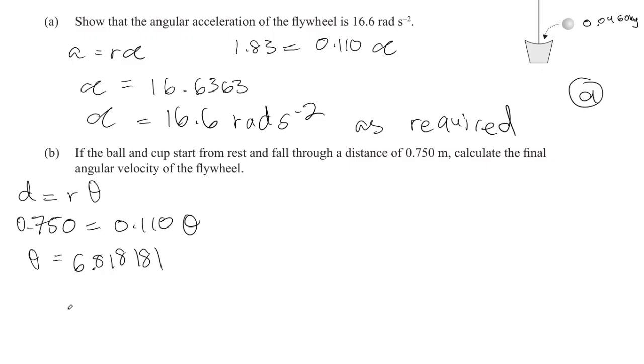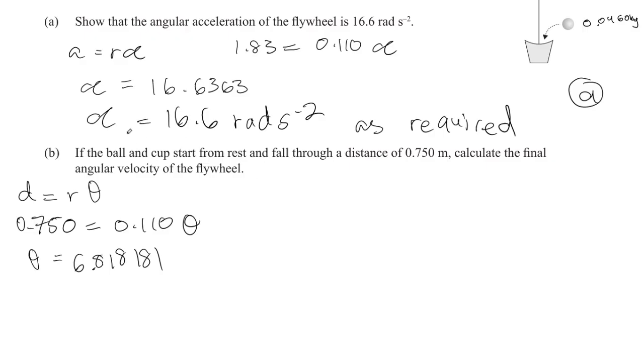6.818181. And we're pretty familiar with rounding rules, right? But this is part of our working, so we don't have to round it because this isn't our final answer. We only round the final answer. So what we want is the final angular velocity.